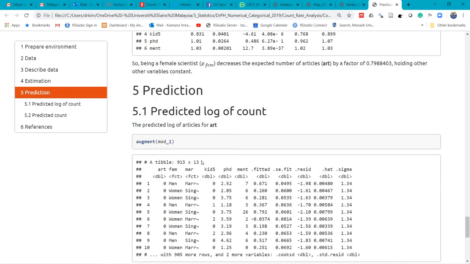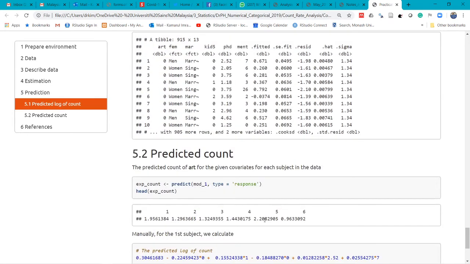If we use augment, this is from library broom, then you can generate the fitted values here, which is the log of the number of articles. Okay, log of count. That's the reason why you have negative values here.